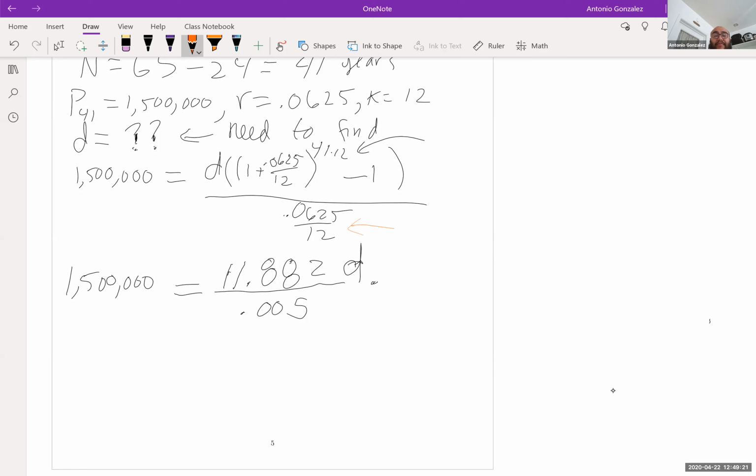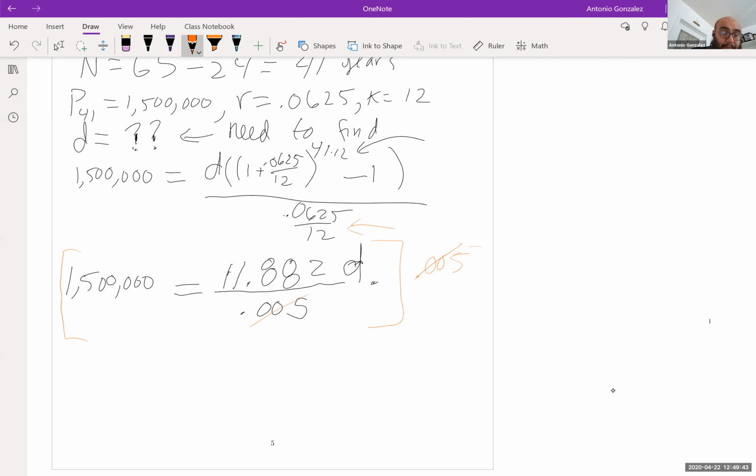Now let me solve for D. I can multiply both sides of the equation by 0.005. That will cancel that out, and then multiply 1.5 million times 0.005.